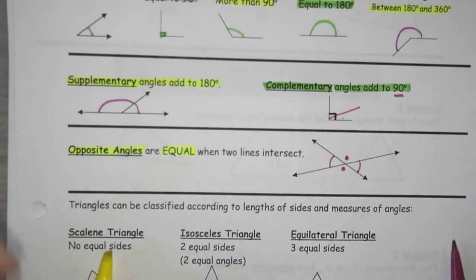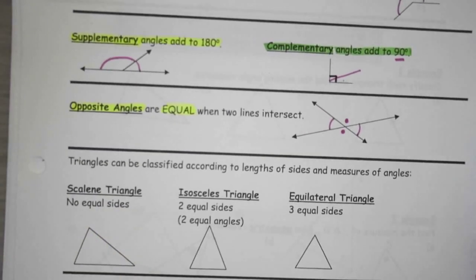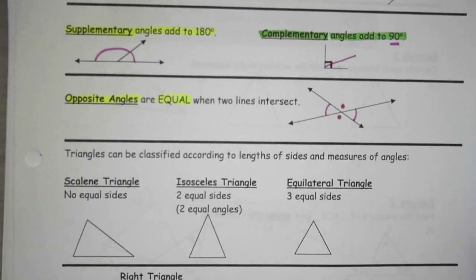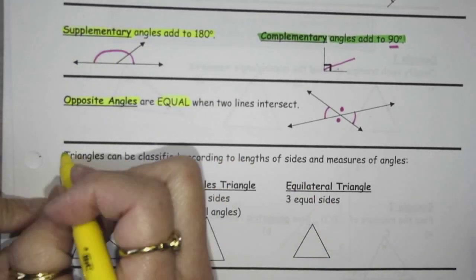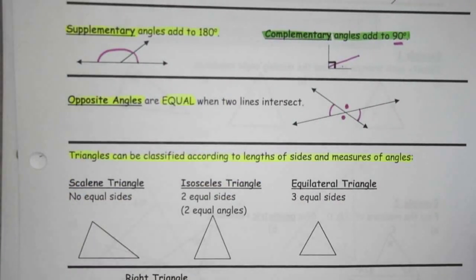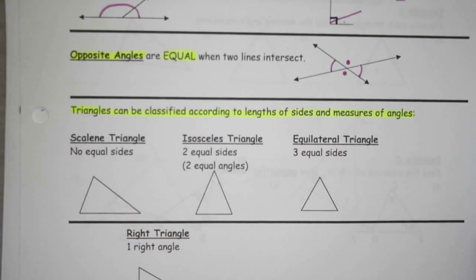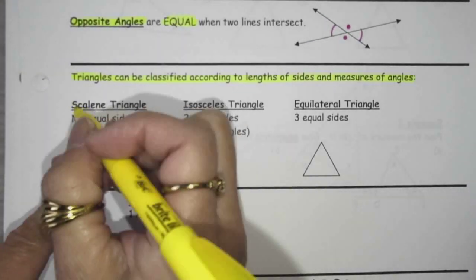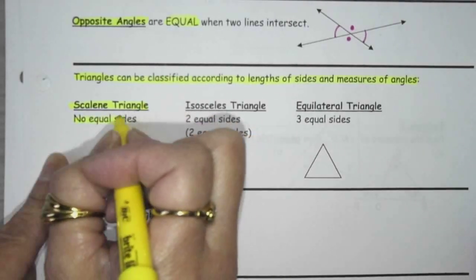All right. Now, triangles can be classified according to the lengths of sides and measure of angles. How do we classify them? Classify them by name. So we're going to name them. This one here is called a scalene triangle, which means nothing is equal on it.